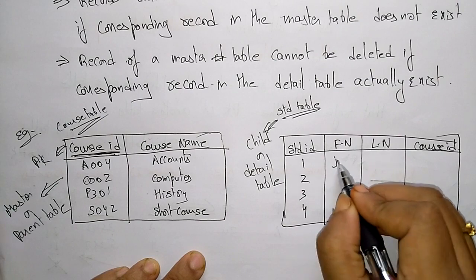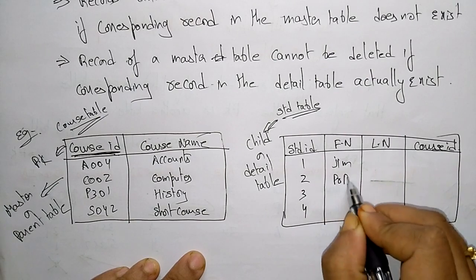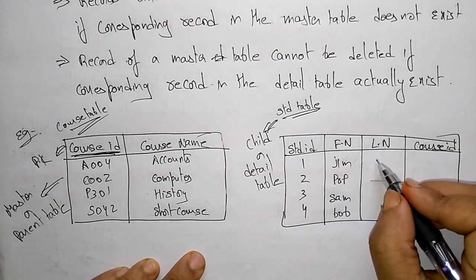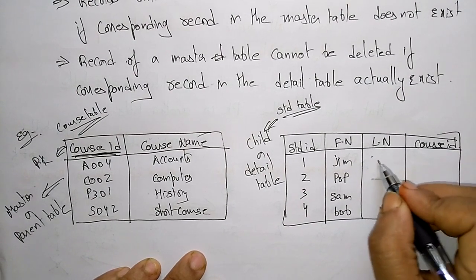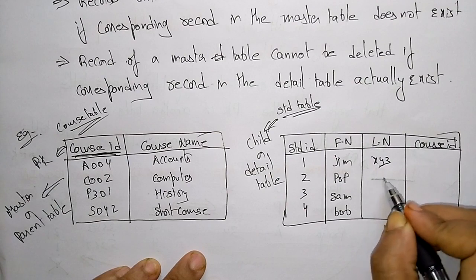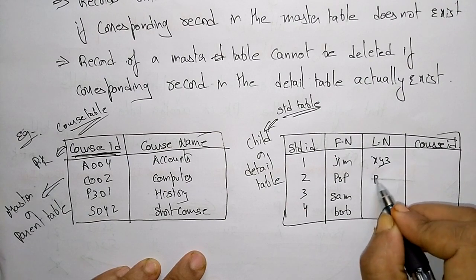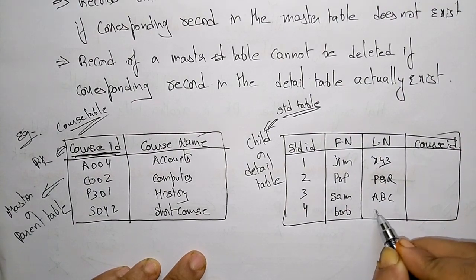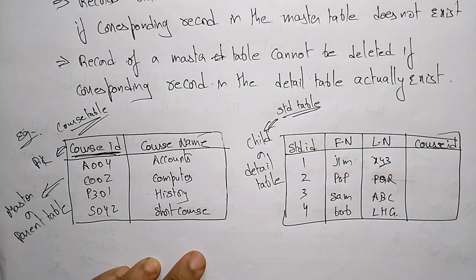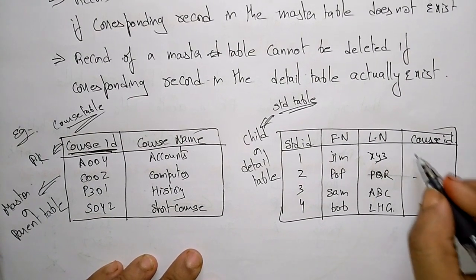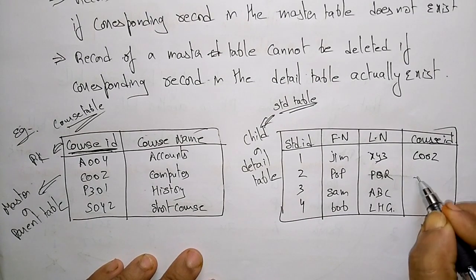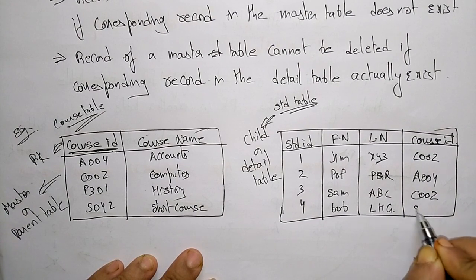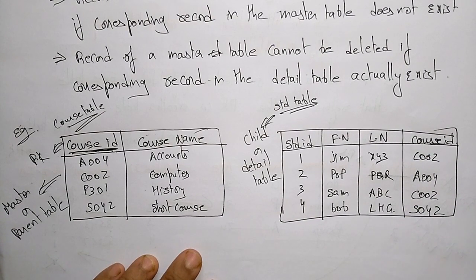Here Jim, Pop, Sam, Bob are the first names of those particular students, and something like XYZ, PQR as last names. I'm writing it as you wish. And the course IDs are C002, A004, again C002, S042. So these are the course IDs.